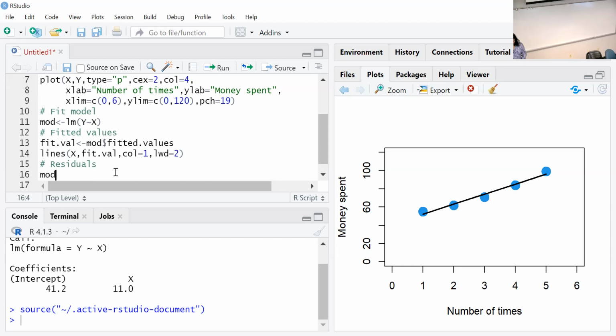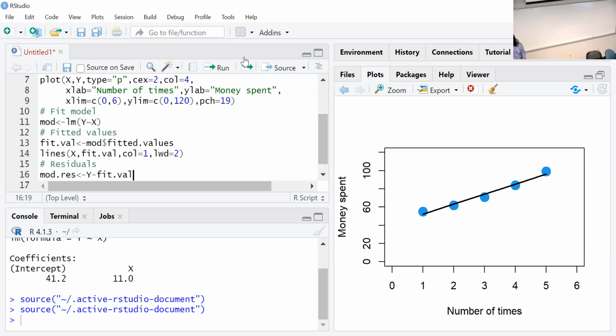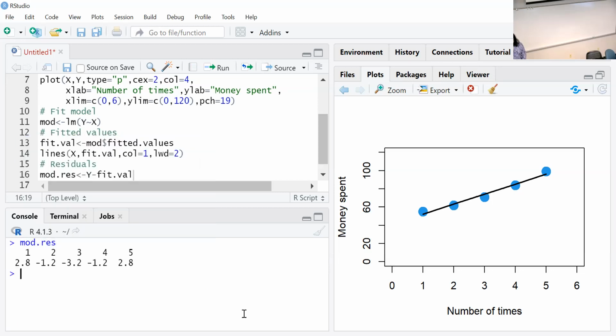So actual values of y minus fitted values, and those are the residuals. Yes?